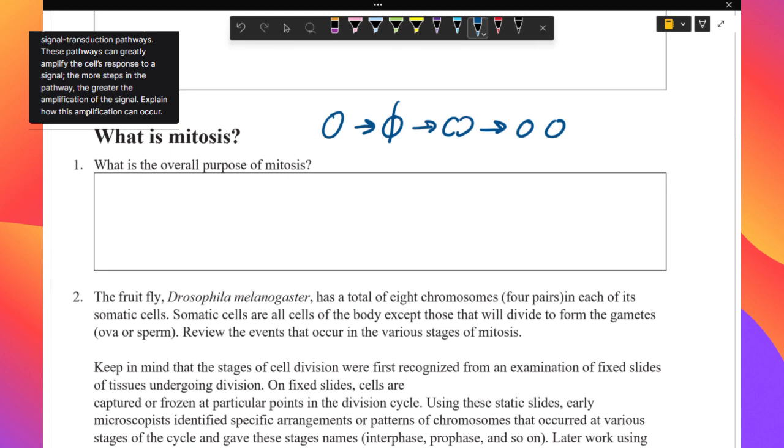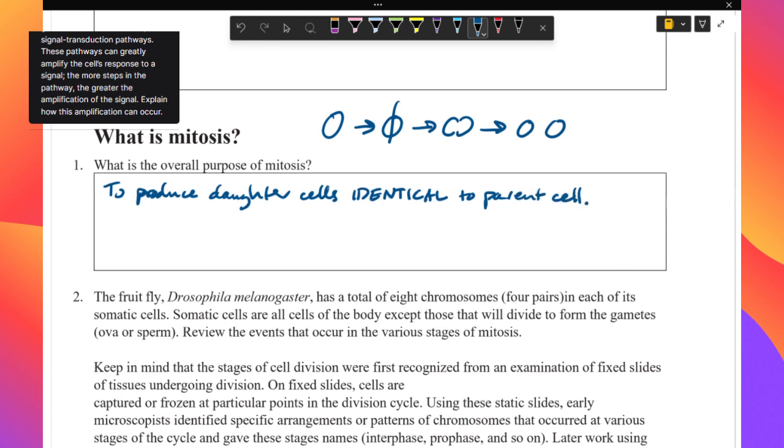The overall purpose of mitosis is to produce daughter cells that are identical to the parent cell, identical in every way. This will be important. To do this, the cells must first duplicate all of their chromosomes, and then the chromosomes must be equally divided among the daughter cells such that each has the same complement, number and kind, of chromosomes as the parent cell.